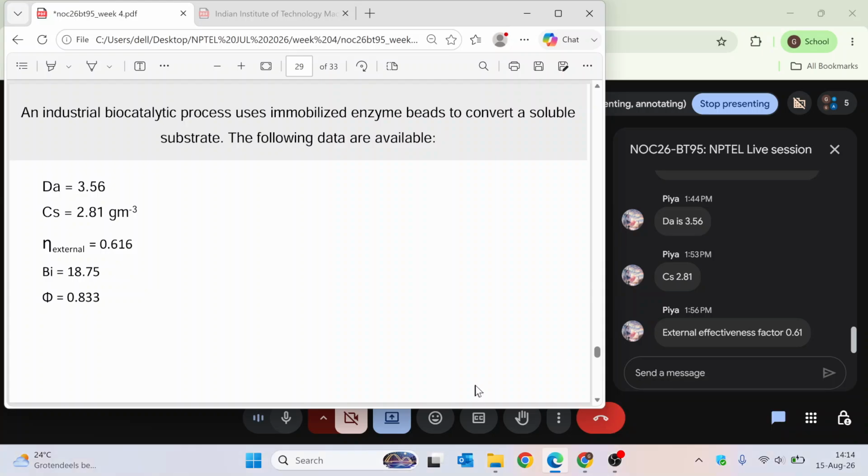The equation was also given and the values were also given.